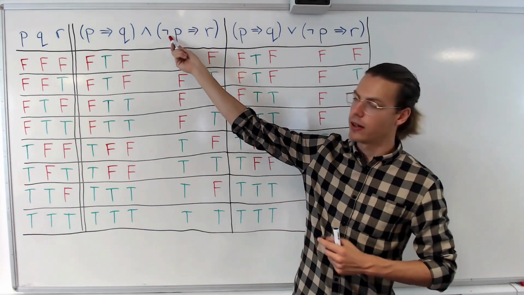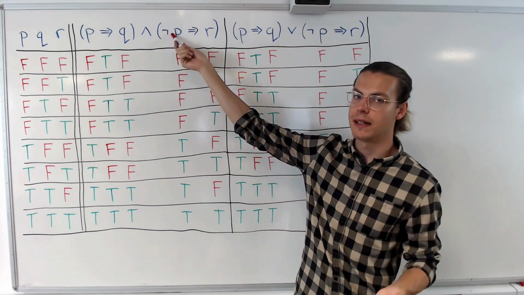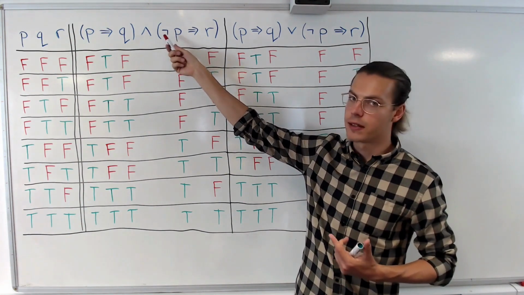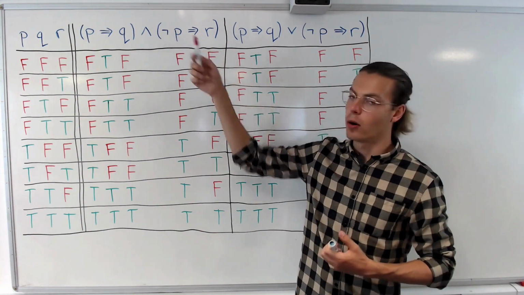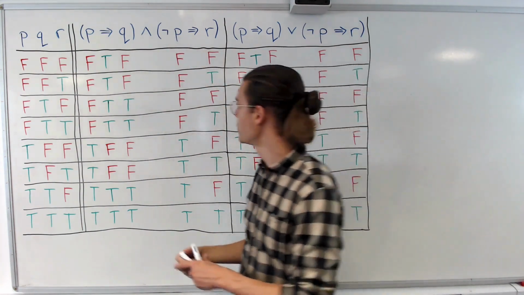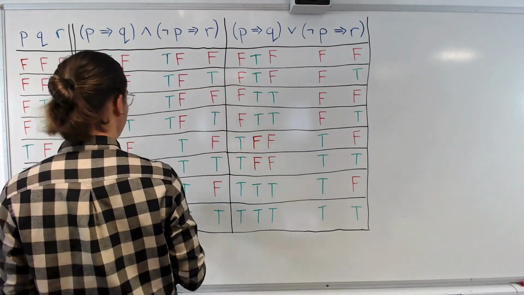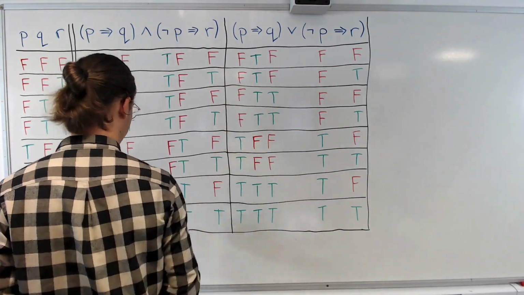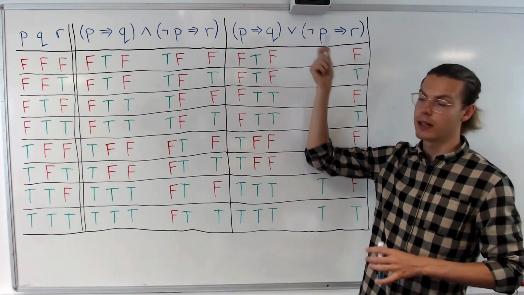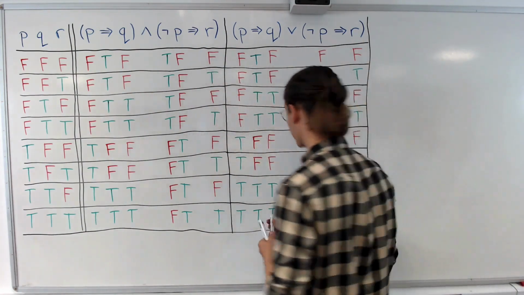Well, the not operator is the most tightly binding here, so we need to evaluate that not first. So we have not P. All we need to do is flip the truth values of P. And we also have not P in the second formula, and we can do the same thing.